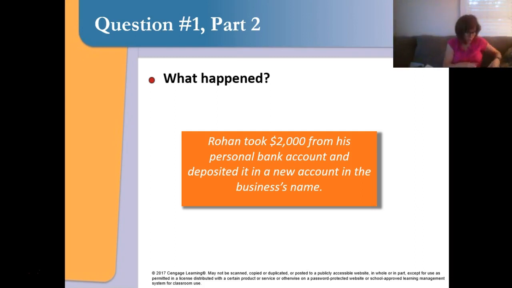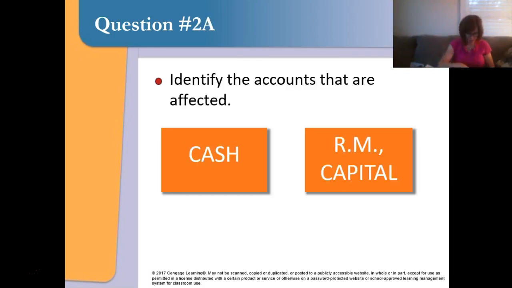Rohan takes $2,000 from his personal bank account and puts it into the business bank account. So now the business has two things that are impacted. It's got some cash, and Mr. Maxon has now equity in the company, because at this point we don't have any liabilities. So we've got our asset, which is cash.